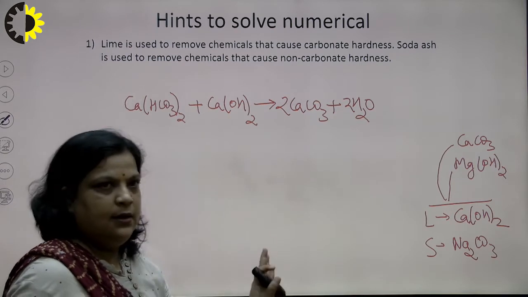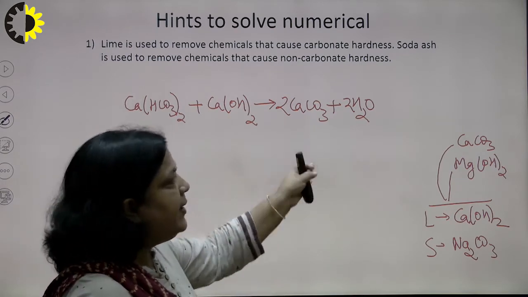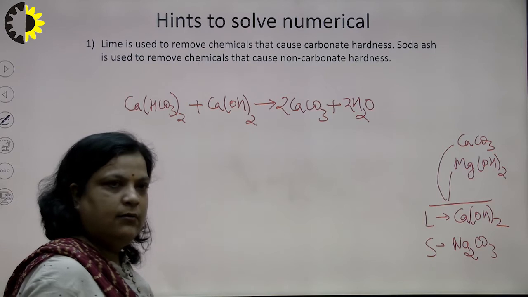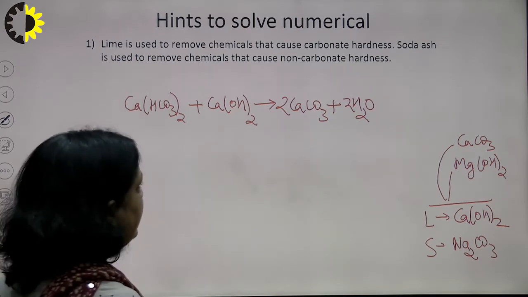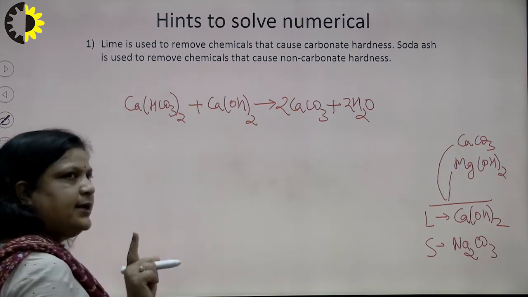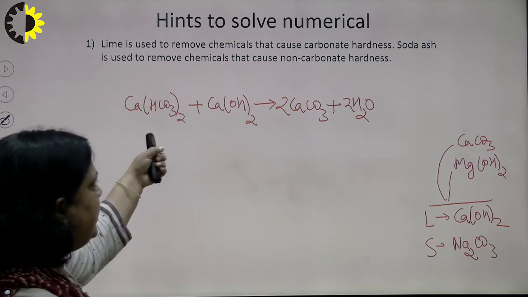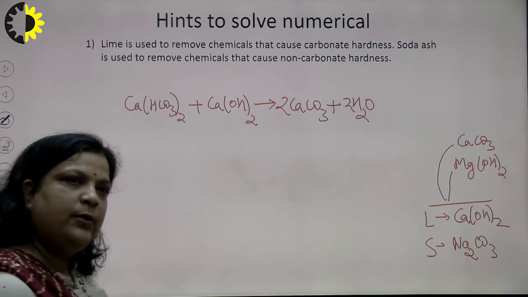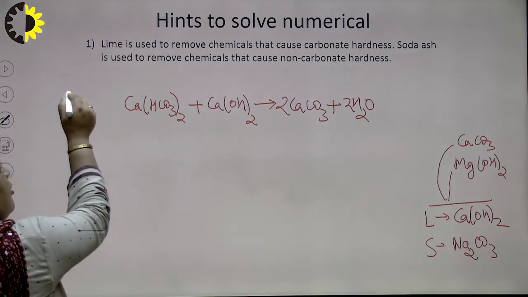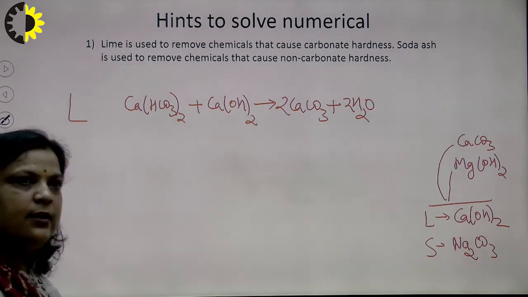Otherwise no magnesium or calcium is required to be left as such. So the first point is clear: to remove calcium bicarbonate, we add lime so that calcium carbonate gets precipitated. So it means for this lime is required.